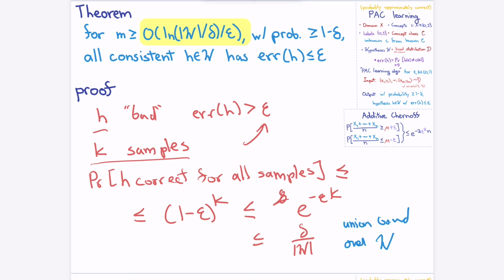But this is not too complicated, right? We're just trying to make sure consistent learners are actually pretty good if we can make sure we hit all the bad hypotheses.